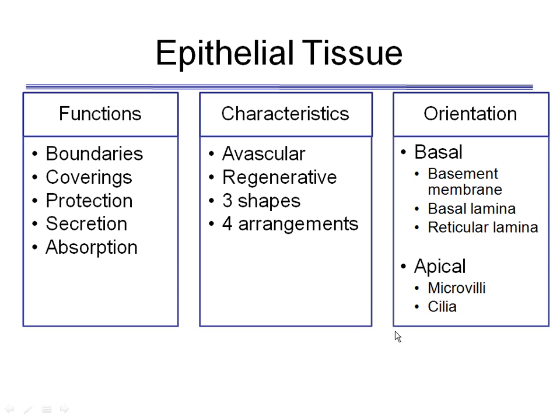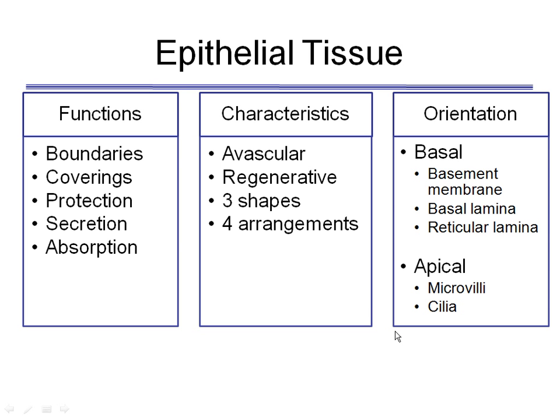Characteristically, you have to understand what makes epithelial tissue epithelial. It is avascular. Your book's going to say something slightly different. Avascular means no blood supply. Now, warning, epithelial tissue is highly regenerative. It does a lot of mitosis and replaces itself pretty easily.